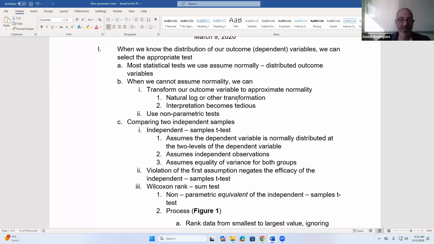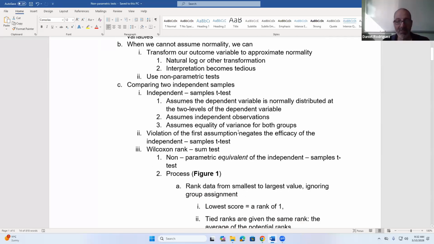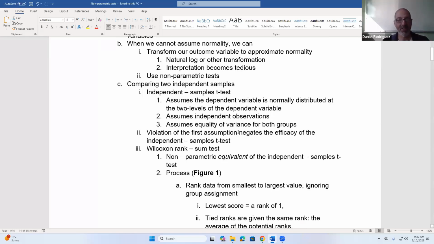So in terms of a test that compares two independent samples, when we can assume normality, we use the independent samples t-test. You can also use ANOVA, but when we have two samples, why not use the independent samples t-test? That test assumes that the dependent variable is normally distributed at each level of the independent variable.